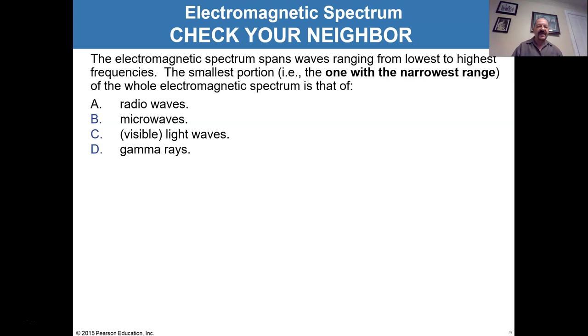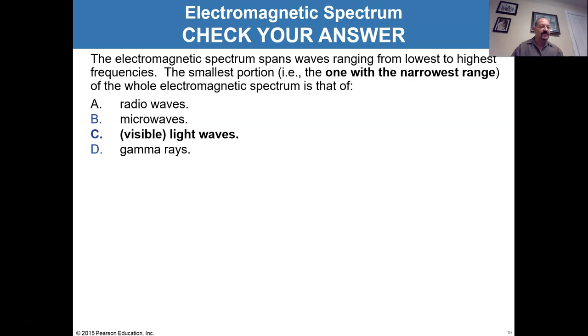All right, the electromagnetic spectrum spans waves ranging from the lowest to highest frequencies. The smallest portion, in other words, the narrowest range on the entire electromagnetic spectrum, is that of A, radio waves, B, microwaves, C, light waves, or specifically visible light waves, and D, gamma rays. Well, if you remember, visible light waves are the narrowest range because they're defined by what the human eye can see, the colors we can see.